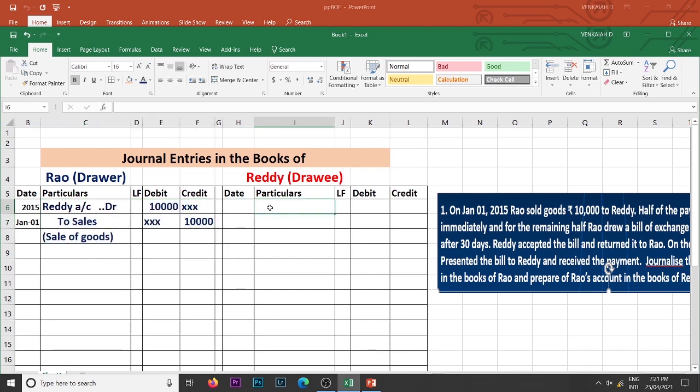Who purchased the goods? Reddy purchased the goods, same date, 1st January 2015. Goods purchased. Reddy is receiving goods, so goods are debited.